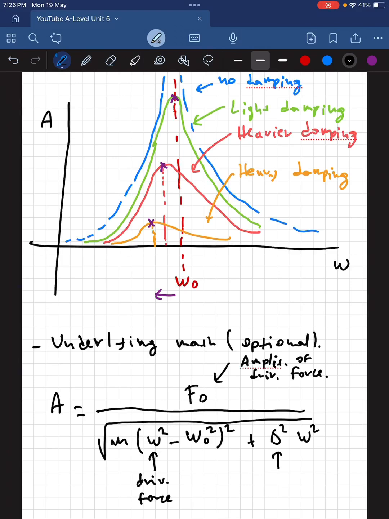And this b is what determines how strong the damping is, okay? So you immediately see how if b is 0, we get the same result as we had before. And then as we increase b, this amplitude maximum moves to the left pretty much, to lower frequencies.